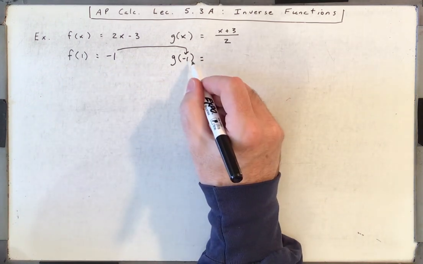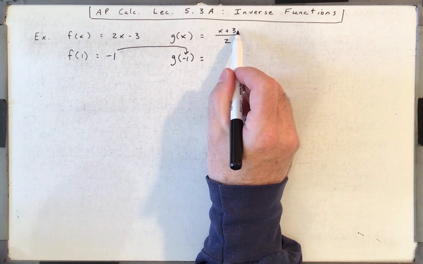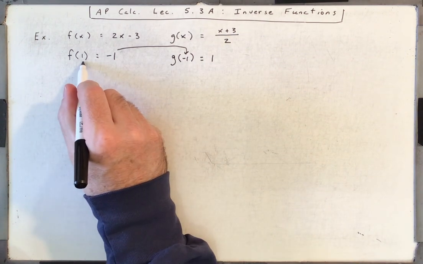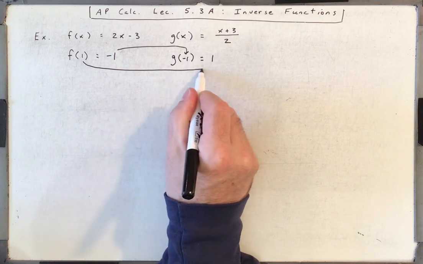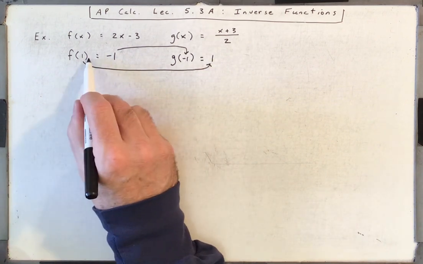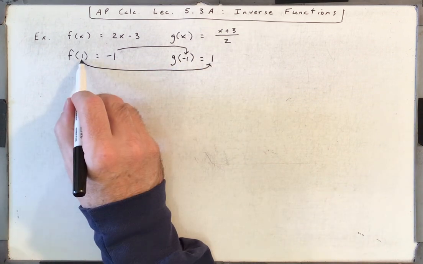So negative 1 plus 3 is 2, divided by 2, and indeed it is 1. So if you plug the output of f of 1 into the input of g, then you're going to get the original input.